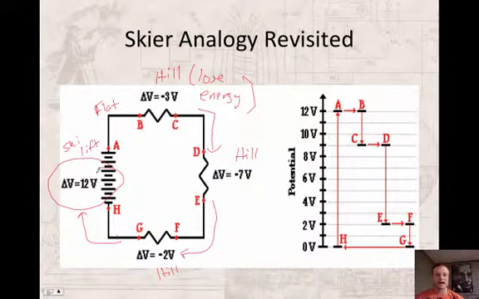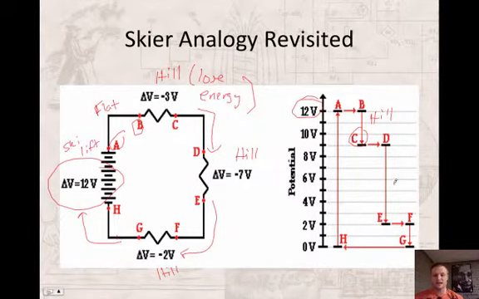Okay, and if I were to graph that, the skiers start at a potential energy of 12 volts. And then from point A to B, there is no loss in voltage. But then from B to C, they hit a hill and they lose energy. It drops down. And then from C to D, it's flat.